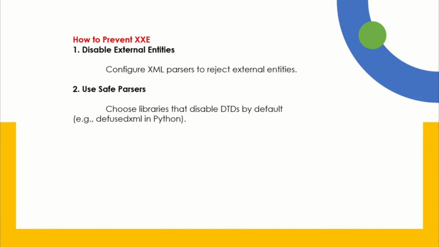In Python, defusedxml blocks XXE and DoS attacks, that means denial of service attacks. In Java, the SAX parser blocks DTDs. In .NET, XmlReader disables DTDs.